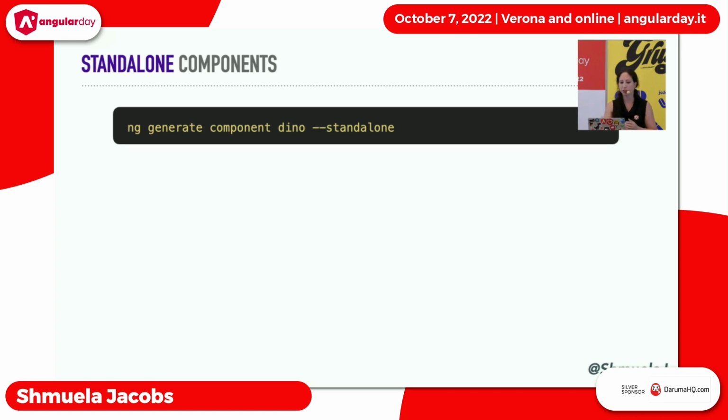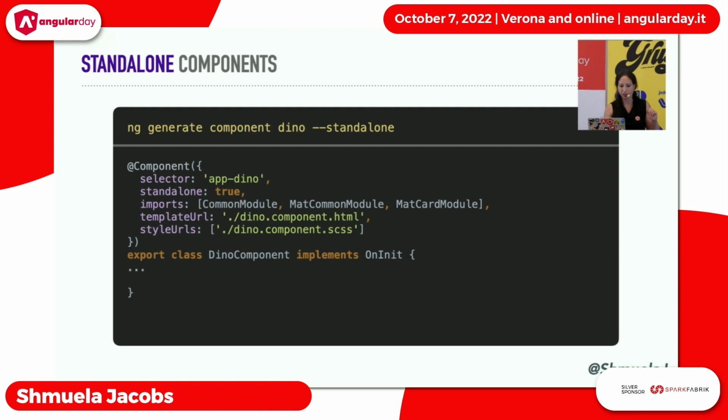We generate a component with a standalone flag, like Simona has showed us just an hour before. A new feature by Angular. So it doesn't update ng modules, it just creates the files of the component with the standalone true parameter.